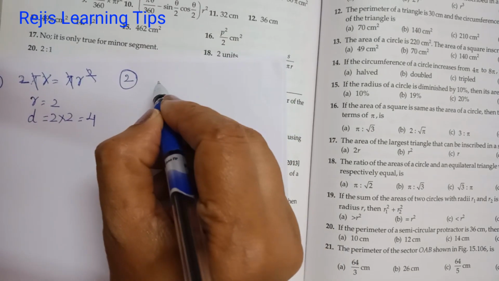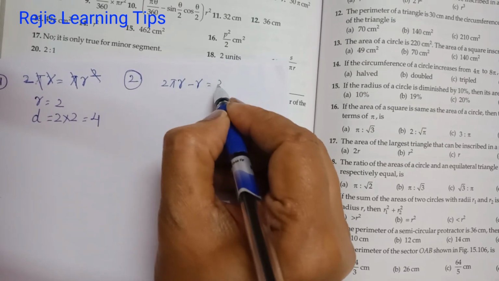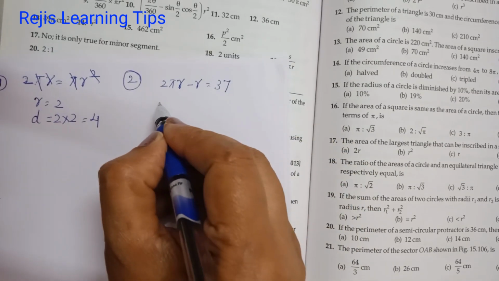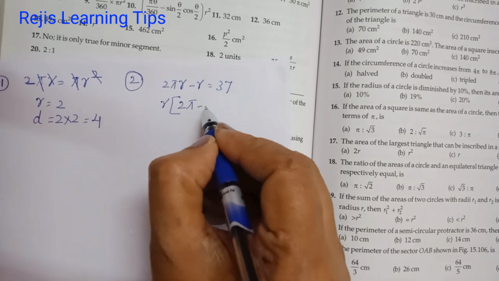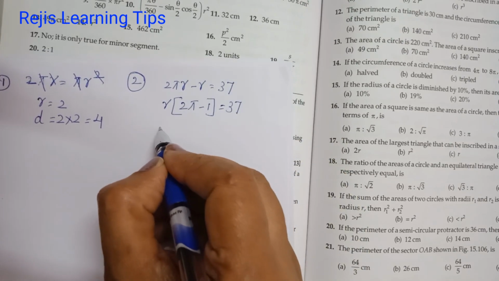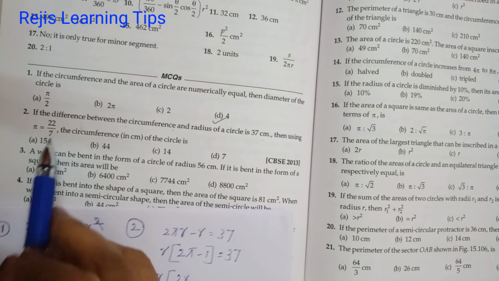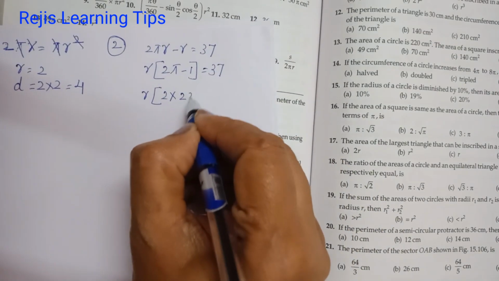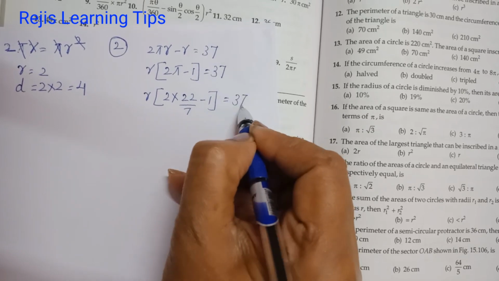Circumference of a circle means 2 pi r, then minus r is equal to 37. R into 2 pi minus 1 is equal to 37. Then r into 2 into pi, that is 22 by 7. So we can write here 22 by 7 minus 1 is equal to 37.